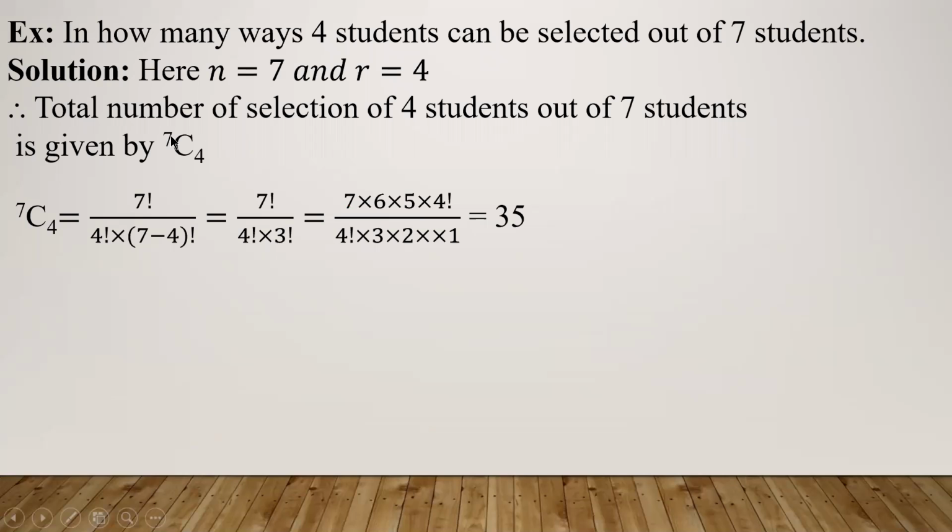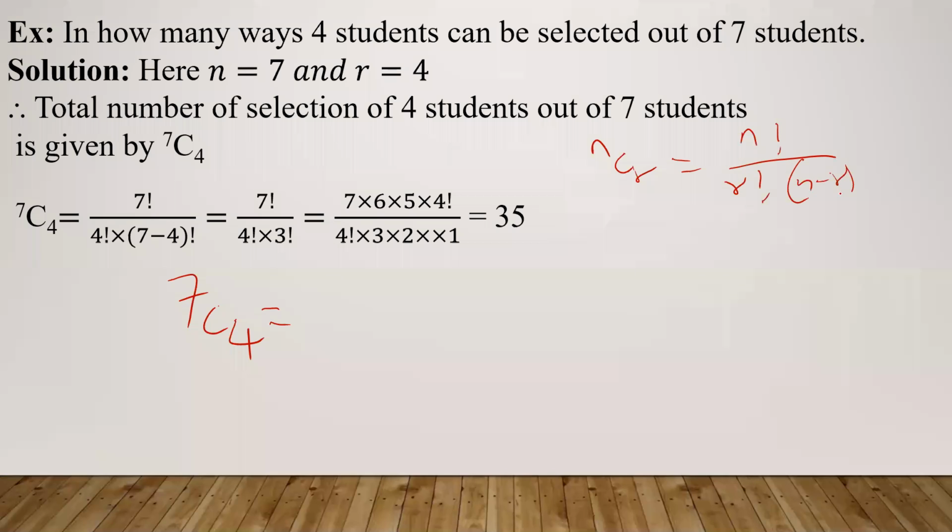In 7C4 different ways. The total number of selections of 4 students out of 7 students can be done in 7C4 different ways. Then what you have to do? You have to just calculate the value of 7C4. So write down your formula for nCr. nCr is n factorial divided by r factorial into (n minus r) factorial.